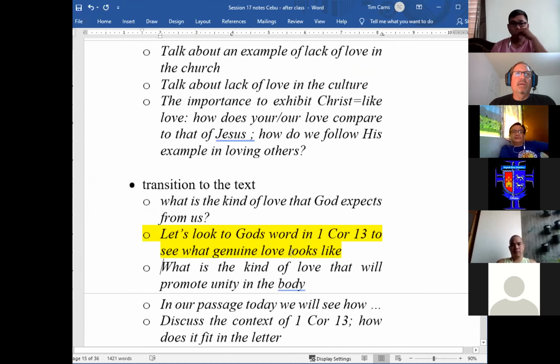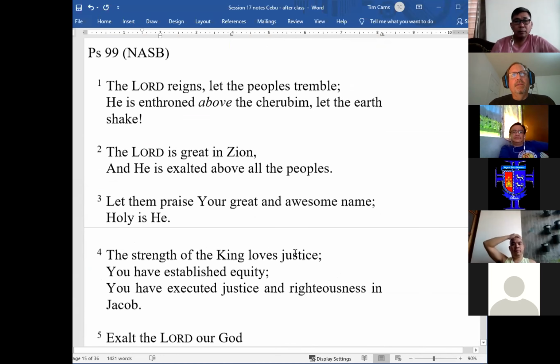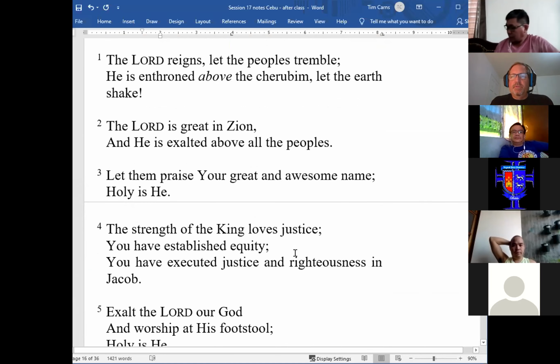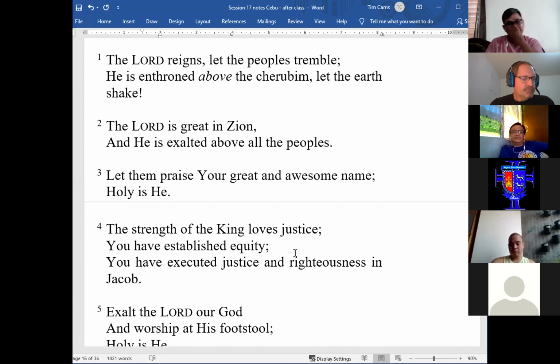What I'd like us to do now is read through Psalm 99 again, as we have done before, and then we'll do the same type of thing for this Psalm, and focus on just the first outline point to give you an idea of how to develop a sermon draft. We won't do the whole sermon together, but I'll give you enough to give you an idea of what we're talking about when we're looking at the rest of the sermon, the body and the conclusion.